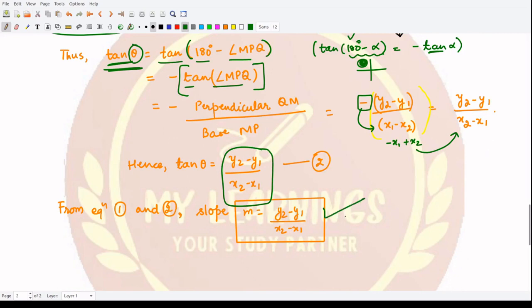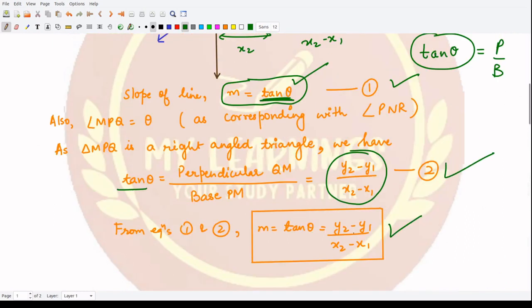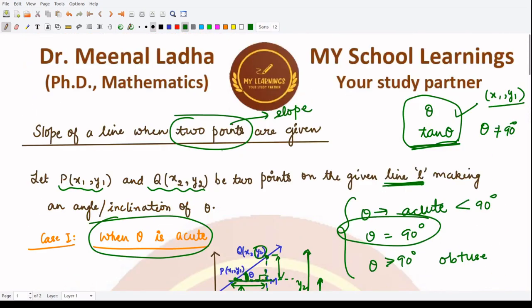Hence this value of slope is exactly equal to the earlier value of slope. Hence whenever our angle is either acute or obtuse, we will get the value of slope m, which is tan theta, equal to y2 minus y1 divided by x2 minus x1, whenever 2 points P and Q are given to be on the line.